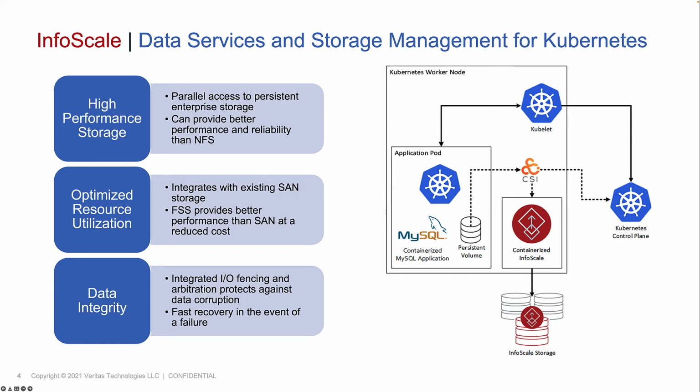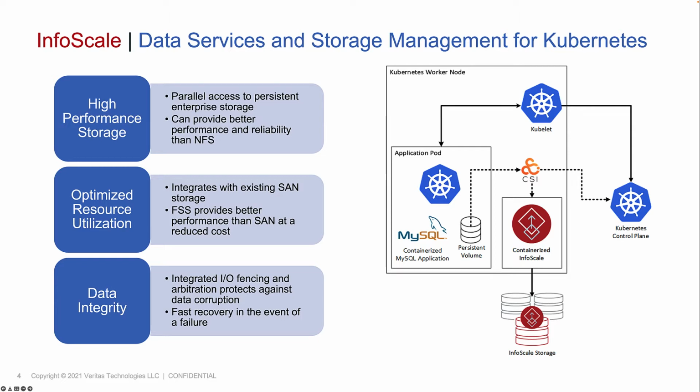Now, the biggest feature that we want to talk about today is FSS, or flexible storage sharing. That allows you to take advantage of the local storage on your local worker nodes, as well as storage that may be in your SAN environment attached to these nodes.